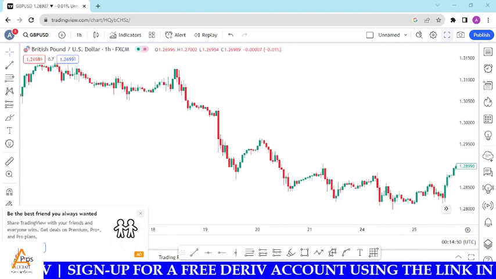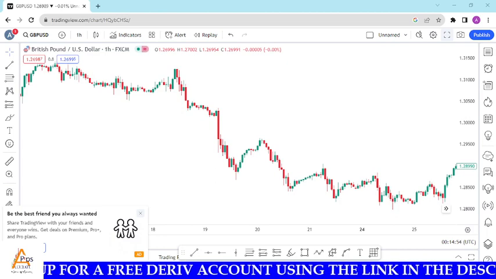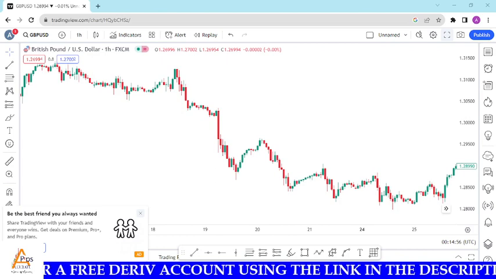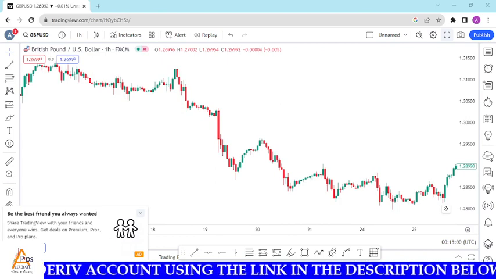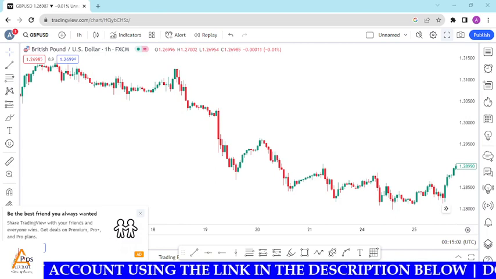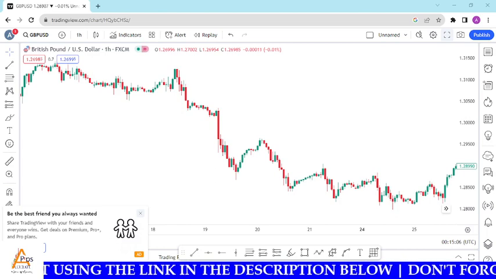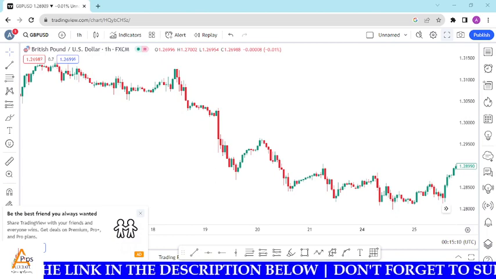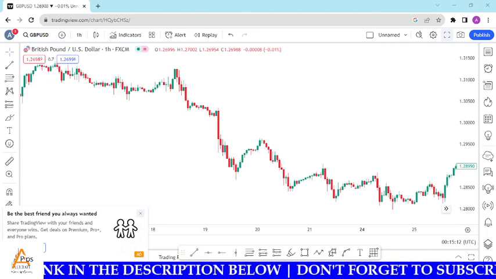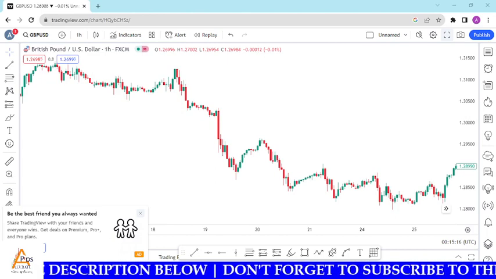You can be an SMC trader and still have an SL of 15 pips. The main thing is that you have been able to spot your liquidity, your imbalance, your accurate OB, and also your accurate break of structure, inducement, and all that.